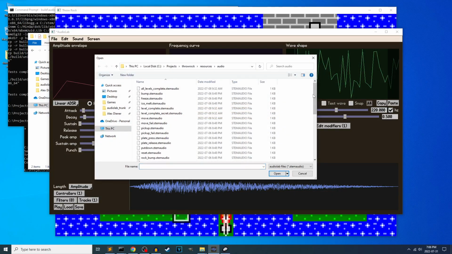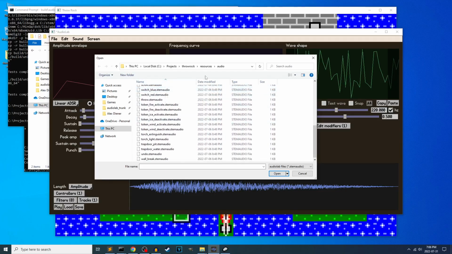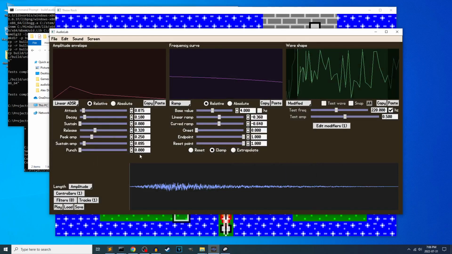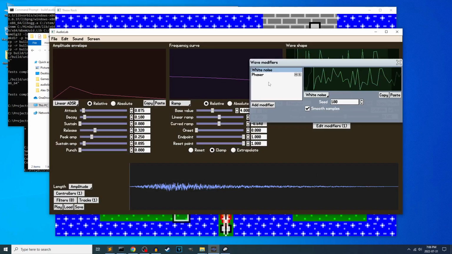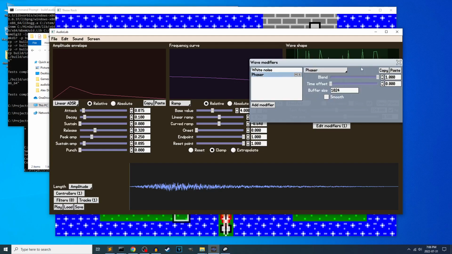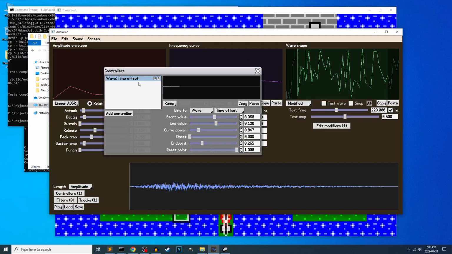Wind deactivate, what's that like? Yeah, just a gentle upward ramp that levels off on the frequency. Okay, so kind of like that. The phaser must be managed differently for this. It looks pretty similar.